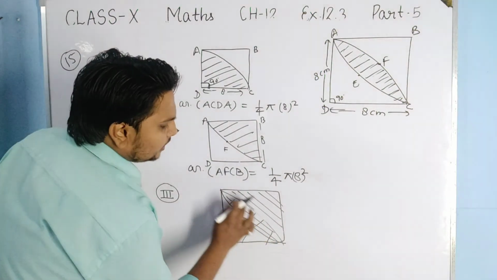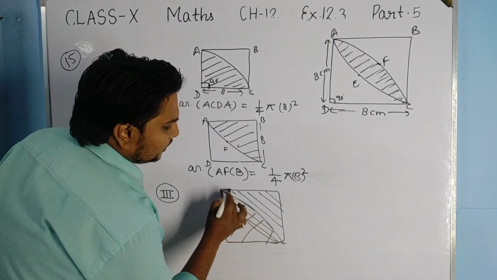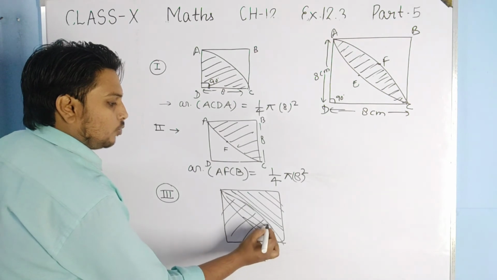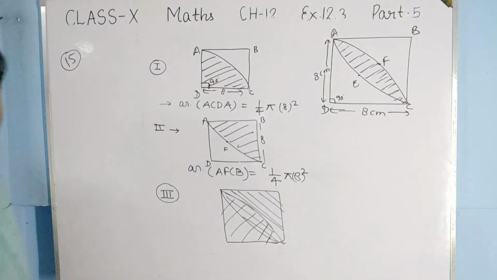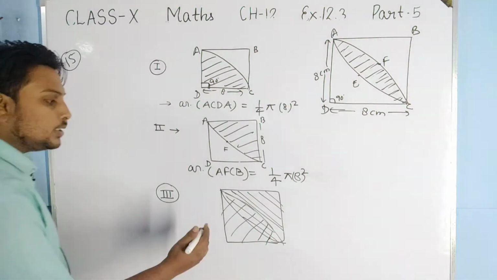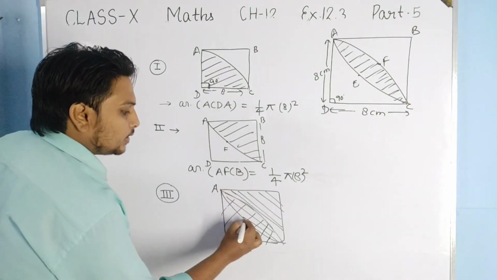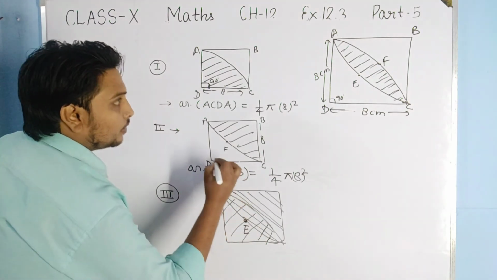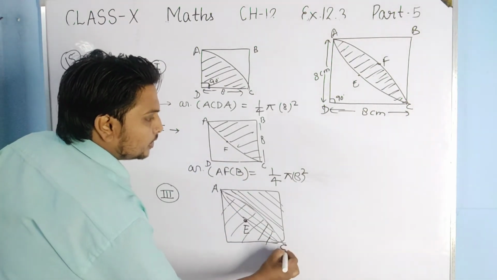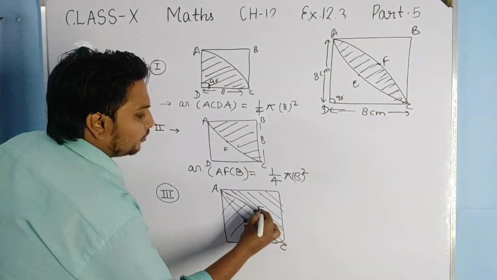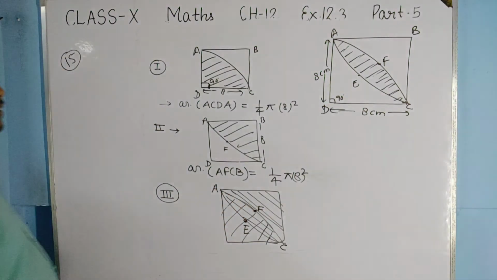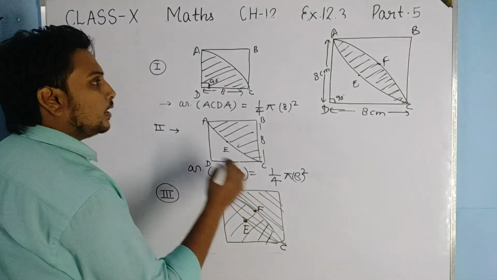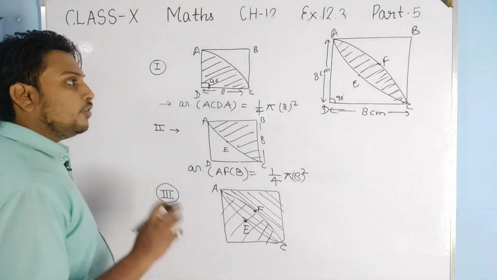So you can see that some region is counted 2 times. Which region is that? That region is AECFA.